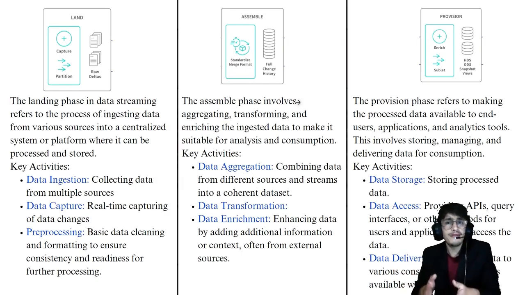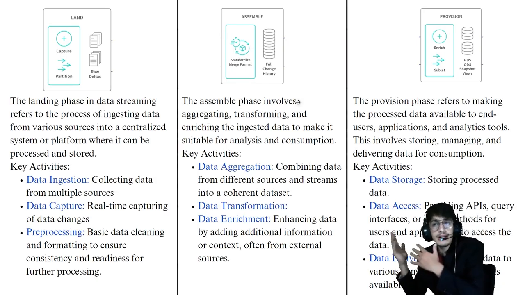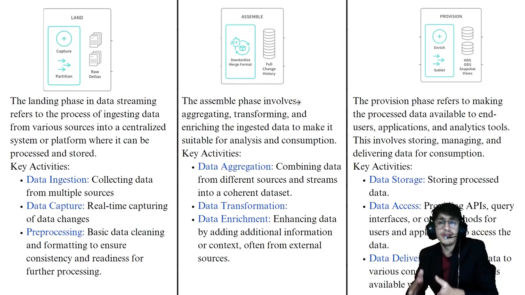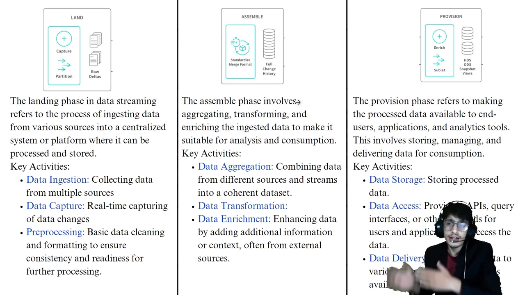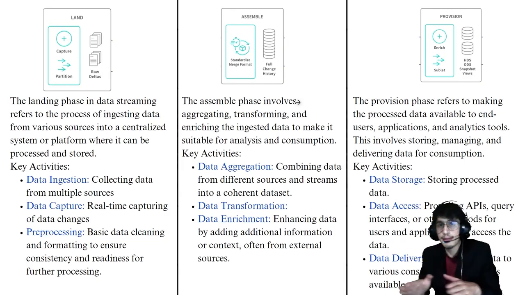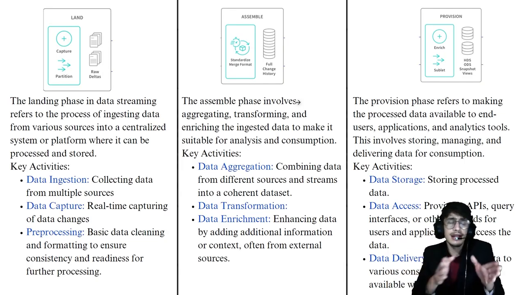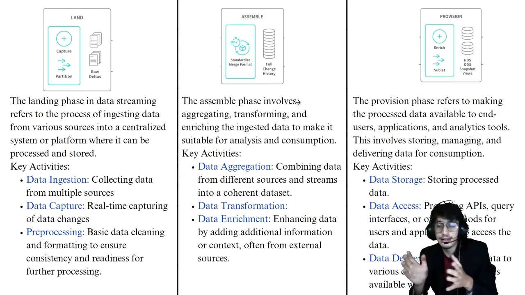After that, provision. In the provision stage, we store the data and make it accessible and deliverable, for the data which we have to send to the analysis software or data model. So this was the three steps: land, assemble, provision, just like extract, transform, and load.